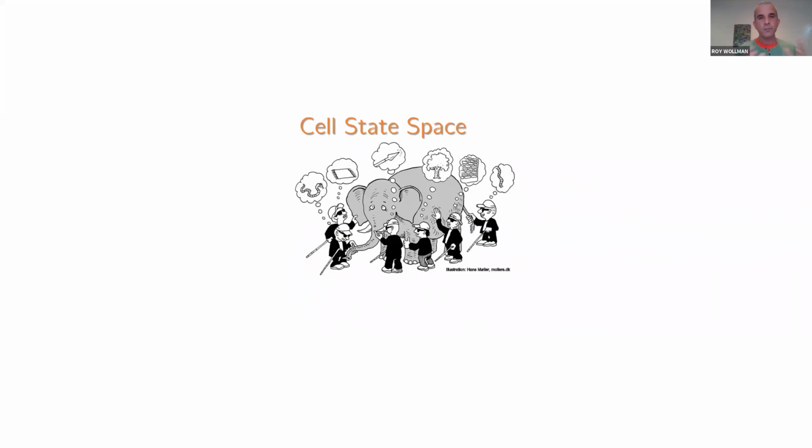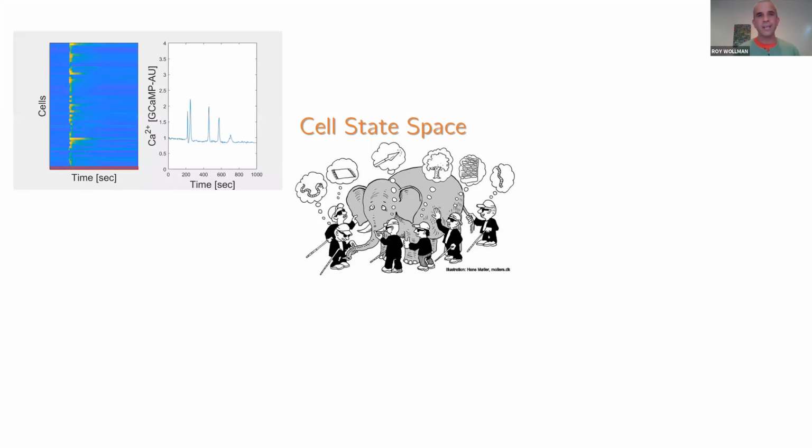Right, so the argument I was making in this vignette is that there is this cell state space, and it's the classical parallel of the blind man and the elephant. We're all looking at the cell state space from different angles, in different ways, and I described three of those today. One is looking at the phenotype directly, the dynamic signaling response of calcium to our ligand.